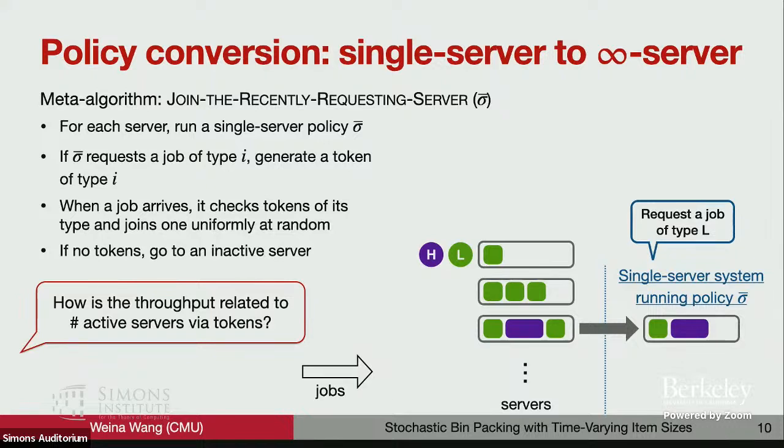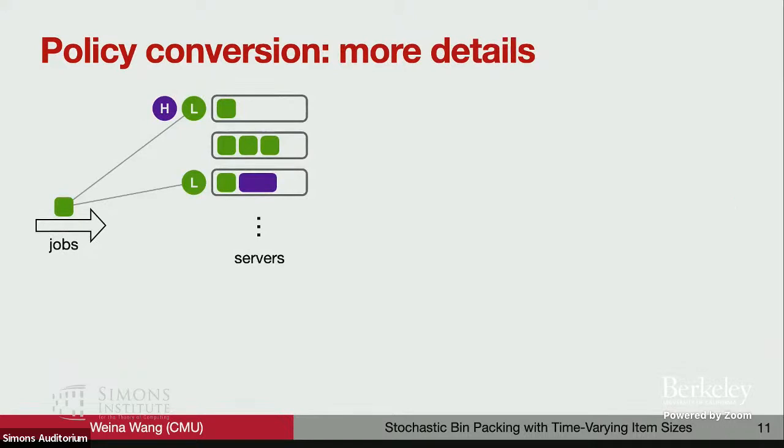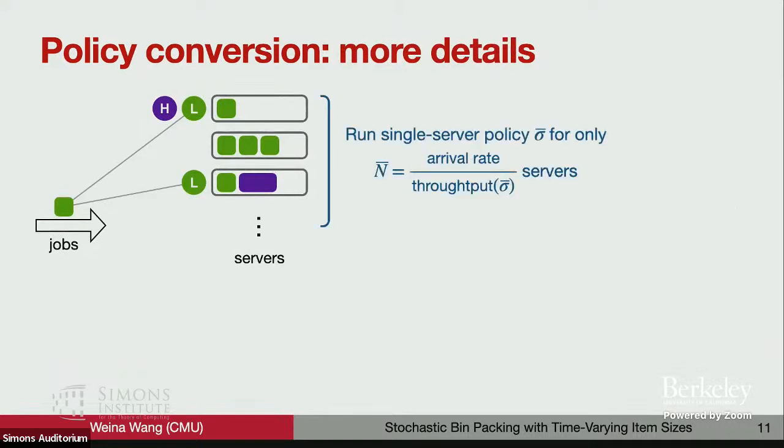Okay, so to make the policy more well behaved, we need to add some more details to the conversion part. Here we add two things. First, and I guess this may be related to your question, we run the single server policy for only part of the servers, specifically only n bar of the servers.